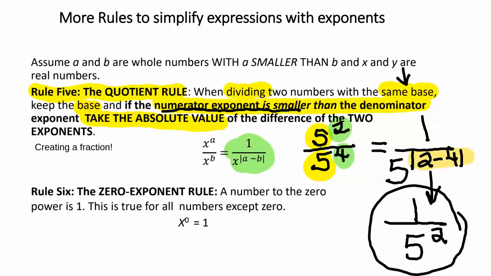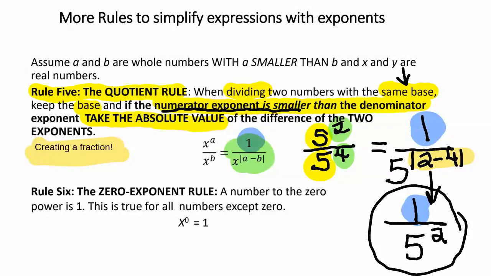The bars mean that it's the top, the 2, minus the 4, but because the numerator was smaller, it was a 2, I'm creating a fraction. And 1 is always in the numerator. Notice the difference between Rule 5 and Rule 4. In Rule 4, the numerator has a bigger exponent. In Rule 5, the exponent in the numerator is smaller.